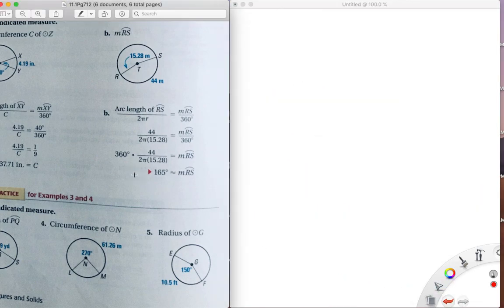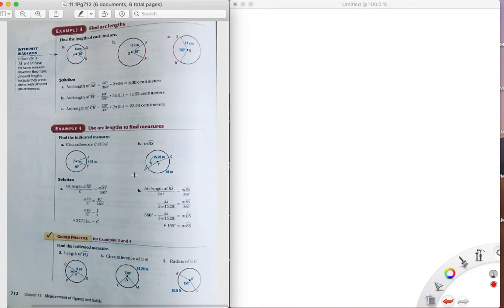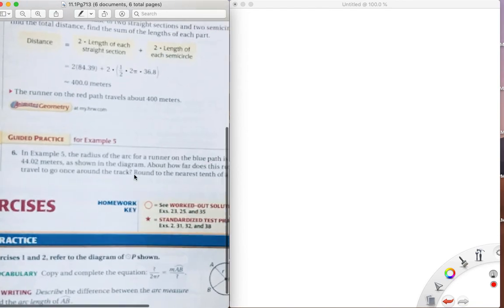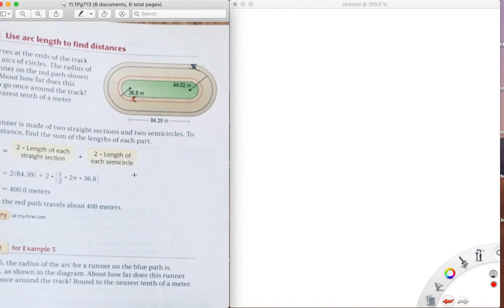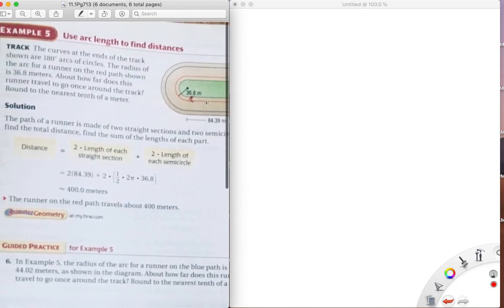Okay, so for the last question here, they give us this track. They have a guy in black who is running on the outside of the track, and his radius is 44.02 meters. So this equation actually comes really handy. It's the example already. They got distance is equal to 2 times the length of each straight section plus 2 times the semicircle.